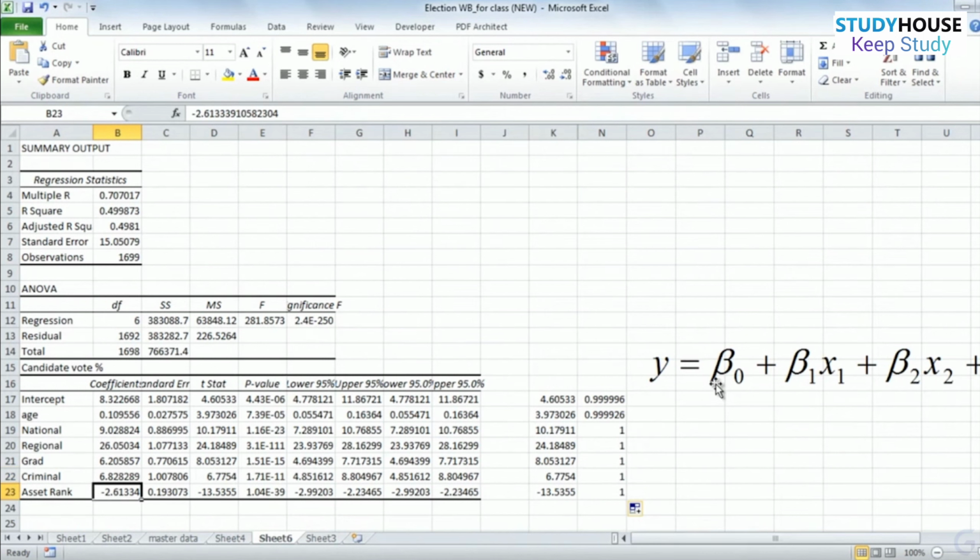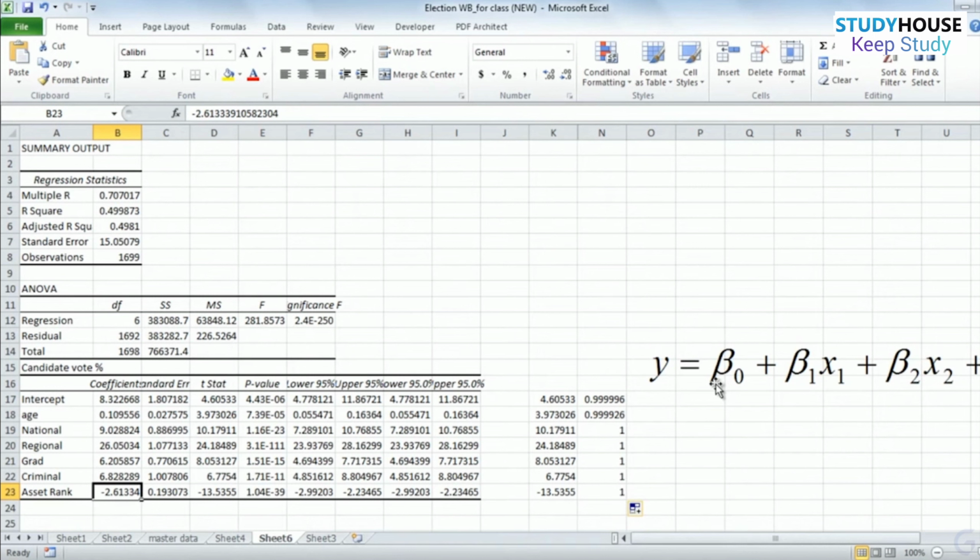What about asset rank? Now, if we notice, the asset rank is simply a rank, so rank 1 means you are the richest and rank 10 means you are the poorest among the lot in the constituency. So if you are a rich candidate, your score for the rank is going to be only 1. If you are the poorest candidate, your score is going to be 10.